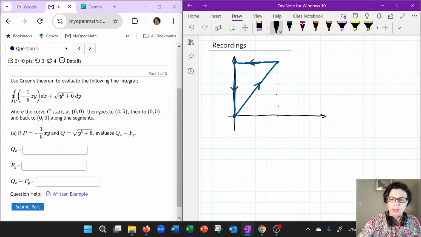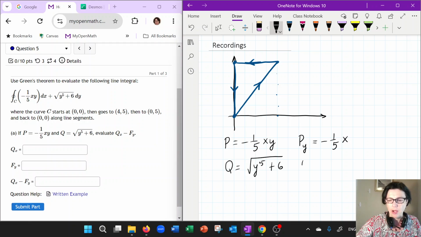All right, now let's take a look at the partial derivatives. So if P equals negative 1/5 xy, when I take the partial with respect to y, I get negative 1/5 x. Okay, if Q equals that square root, which looks very complicated, however, because that square root does not have variable x in it at all, the derivative of it is just going to be 0.